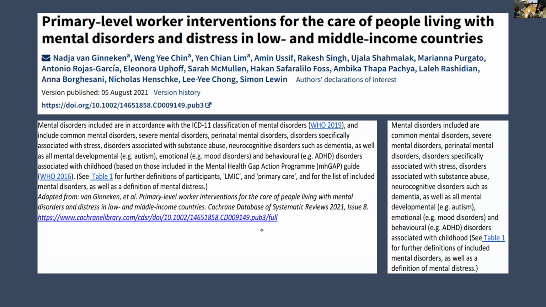So this is an already well-established system that includes all of these things. What does LMIC, low and middle income countries, mean? What does primary care mean? Here it appears there was not enough space, so he's put it in a table, which is a part of the supplementary.